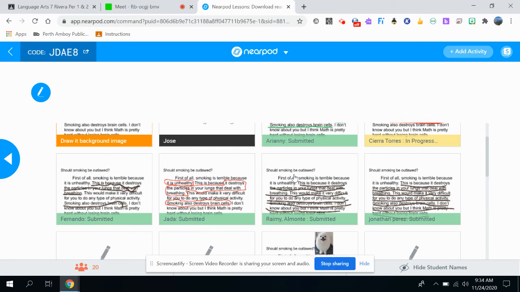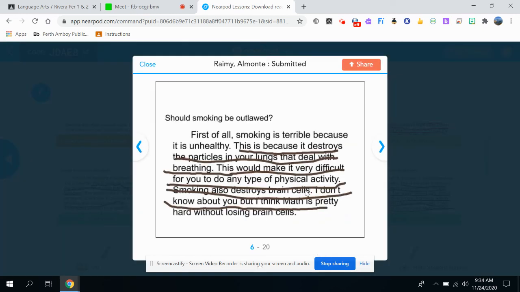Can you hear me, Almonte? Jonathan knows as well. What should you have left not underlined? The first sentence. Okay, so again, body paragraphs. Transition, reason. It's one sentence. It's the first sentence. Everything else in your body paragraph is details. Those details support the first sentence. If they don't support the first sentence, they should not be in your body paragraph.